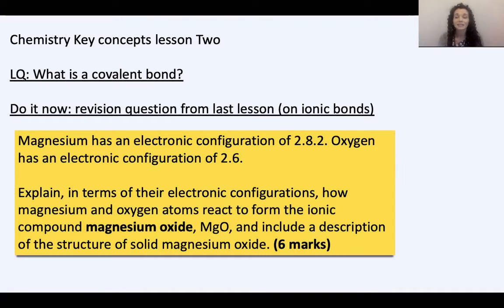If you would like to have a go at that now, you can pause the video. If you would like a little bit more help, keep playing the video and I will talk you through it a bit more. It's up to you. Either pause now and have a go independently, or wait and I will talk through a little bit more.